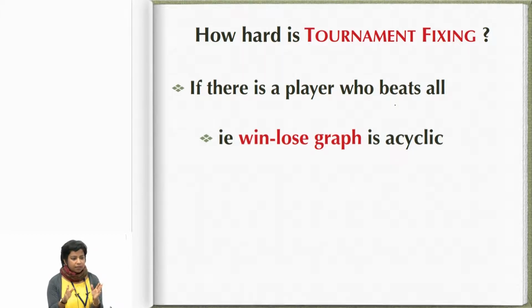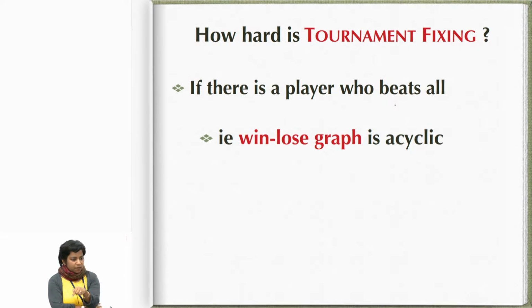In that sort of a graph, which does not have a cycle, there is a notion of a source, a vertex which does not have any incoming edges. That vertex will win the tournament. That vertex is the unique winner of the tournament.